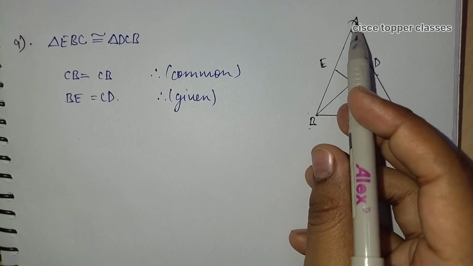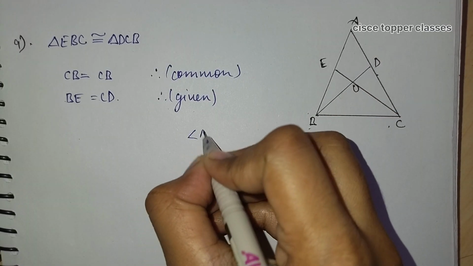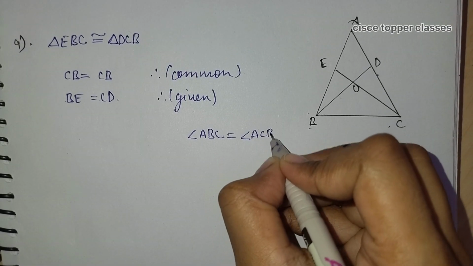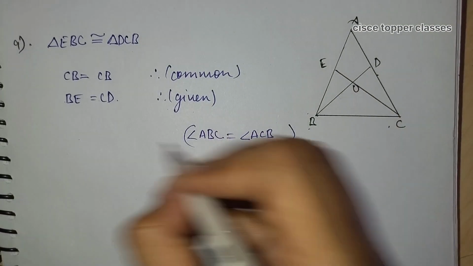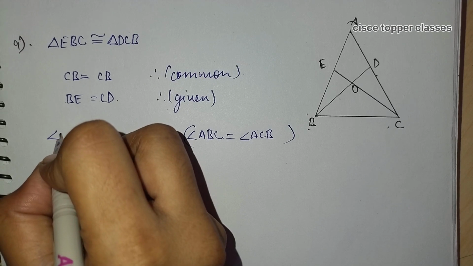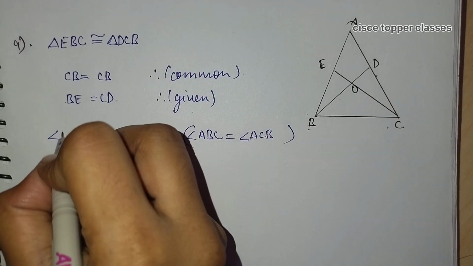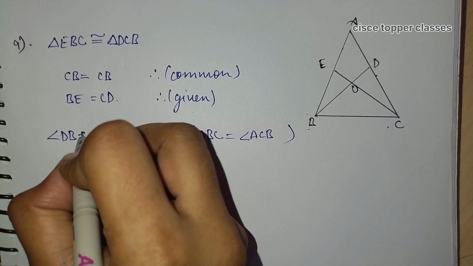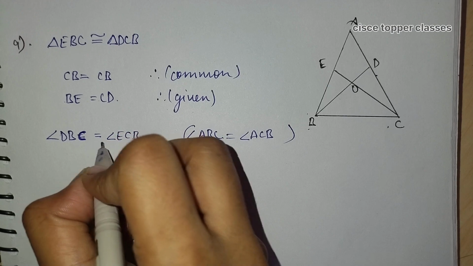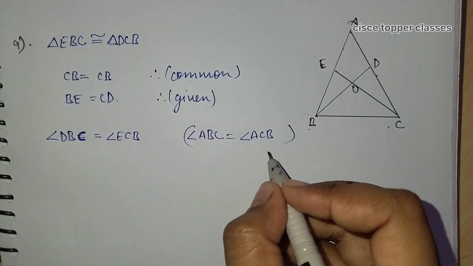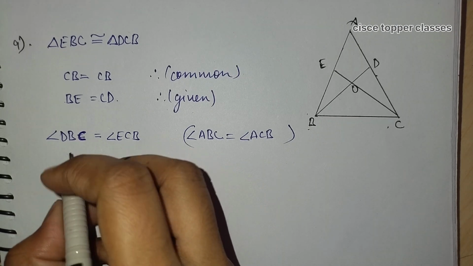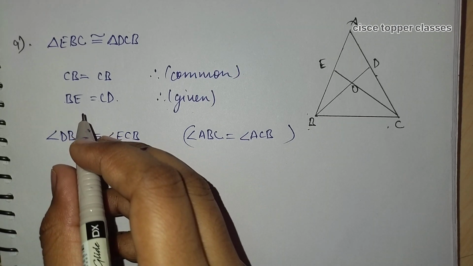Now we have from the given information angle ABC is equal to angle ACB. So from this information we have angle DBC is equal to angle ECB. So this is equal. From this given information we can write simply. From here we have two sides and the included angle congruent.